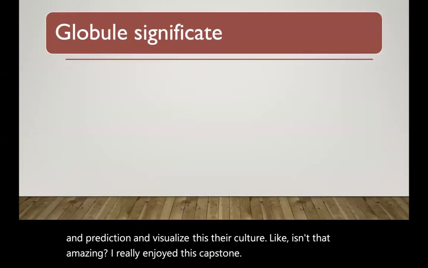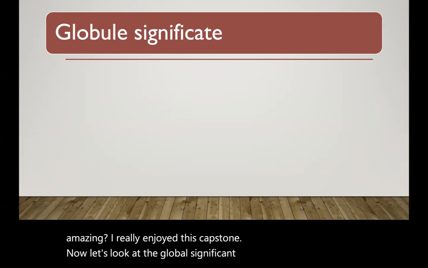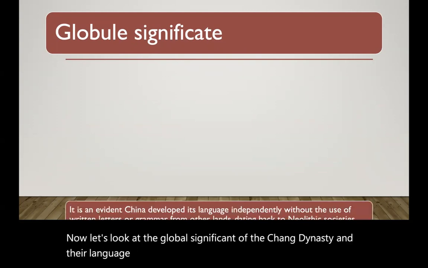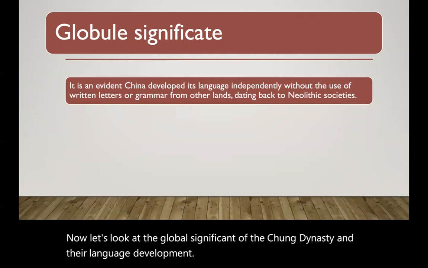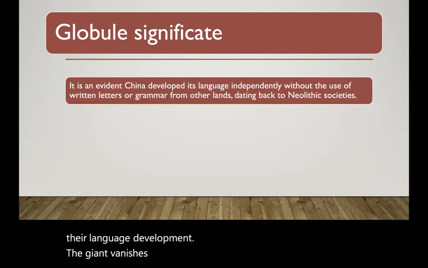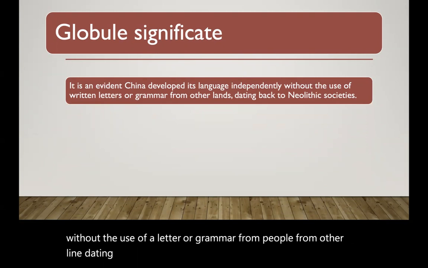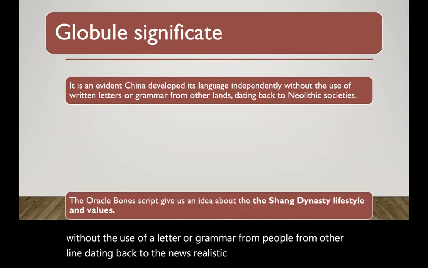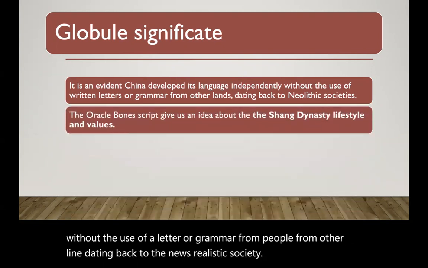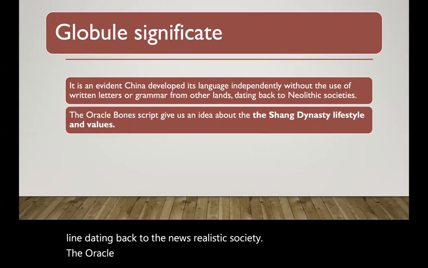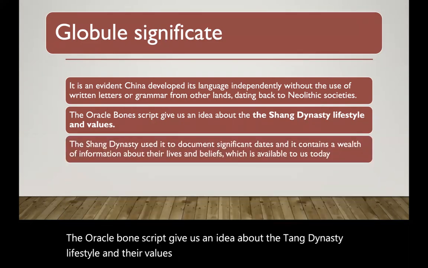Now let's look at the global significance of the Shang Dynasty and their language development. The Shang Dynasty developed their own language independently, without the use of letters or grammar from people from other lands, dating back to the Neolithic society. The oracle bone script gives us an idea about the Shang Dynasty lifestyle and their values.